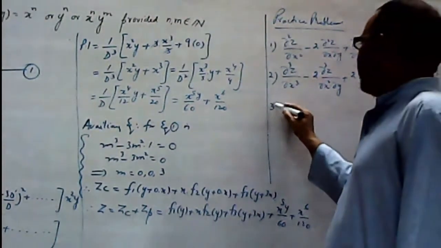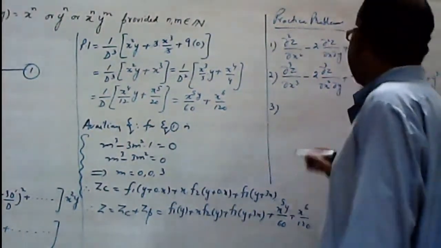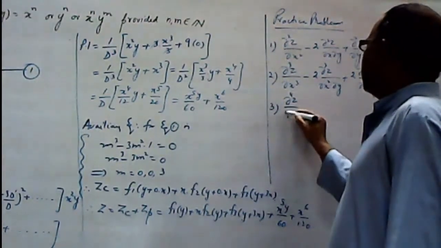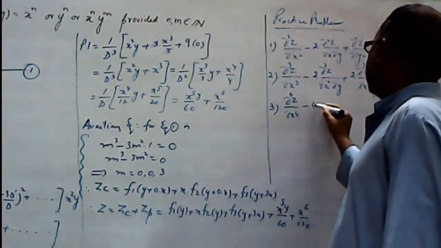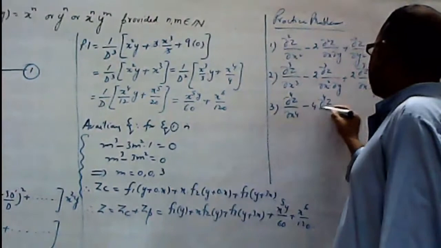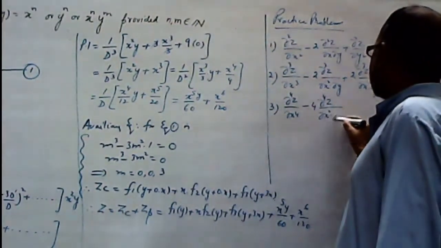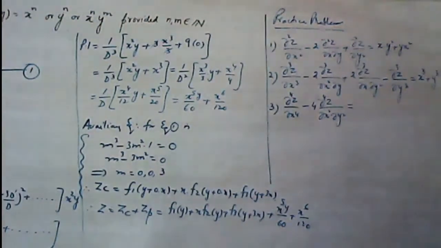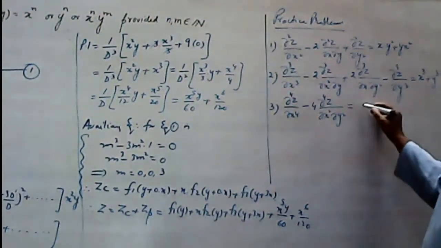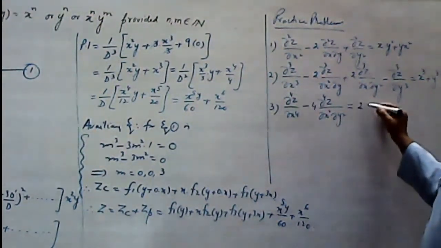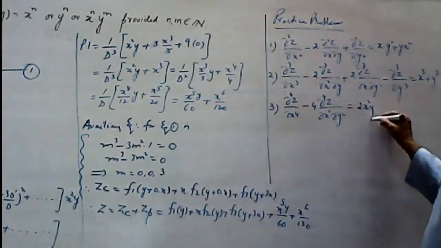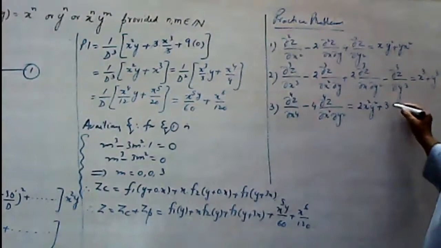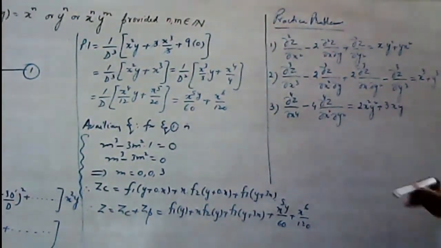Then number 3, partial 4z over partial x power 4 minus 4 partial 4z over partial x square partial y square is equal to 2x square y square plus 3xy.